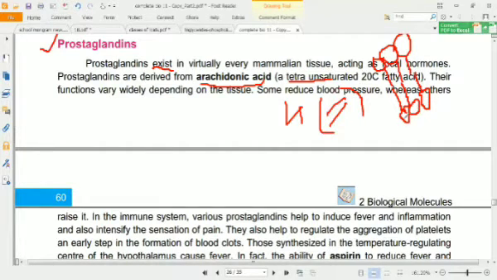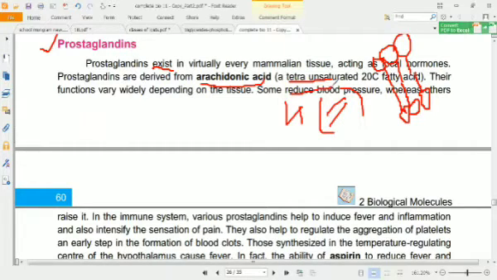From here, by enzyme, prostaglandins in the form of arachidonic acid are going to be synthesized. When this arachidonic acid is synthesized, it is changed into different types of prostaglandins, and they have a very wide role in our body.